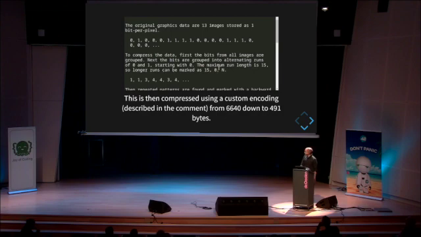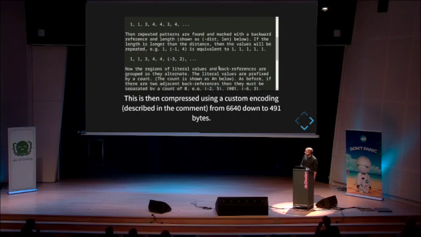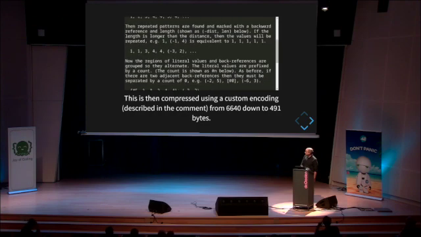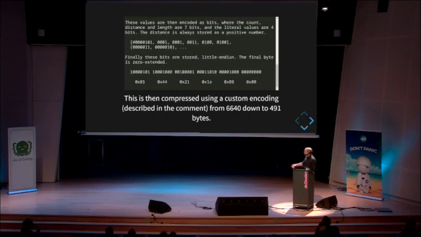So then I implemented a compression algorithm, which this is actually the comments from the code about how it works so that I could actually remember how it works. But ultimately, it ends up making a nice, tiny amount of code to compress all of these graphics.